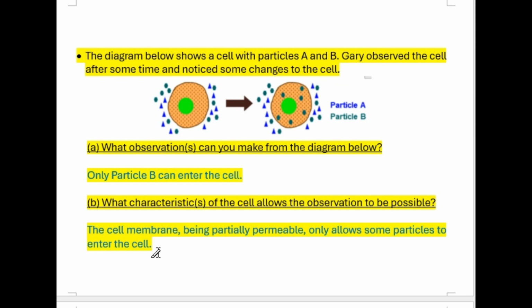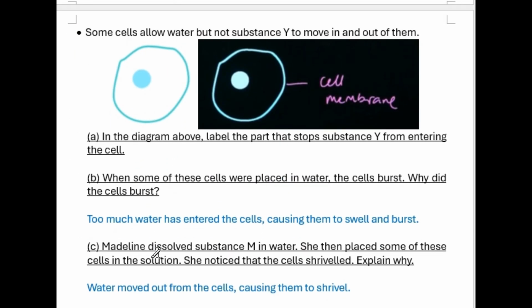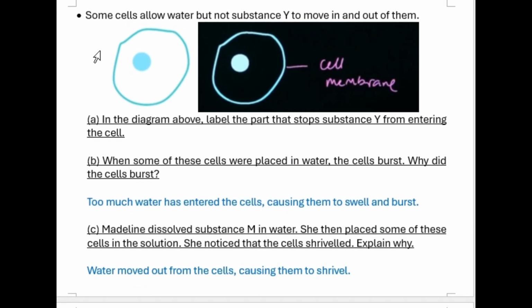Some cells allow water, but not substance Y, to move in and out of them. In the diagram above, label the part that stops substance Y from entering the cell. B. When some of these cells were placed in water, the cells burst. Why did the cells burst?